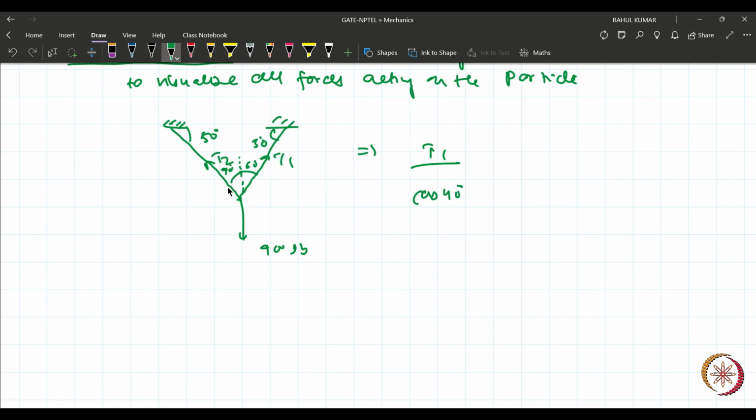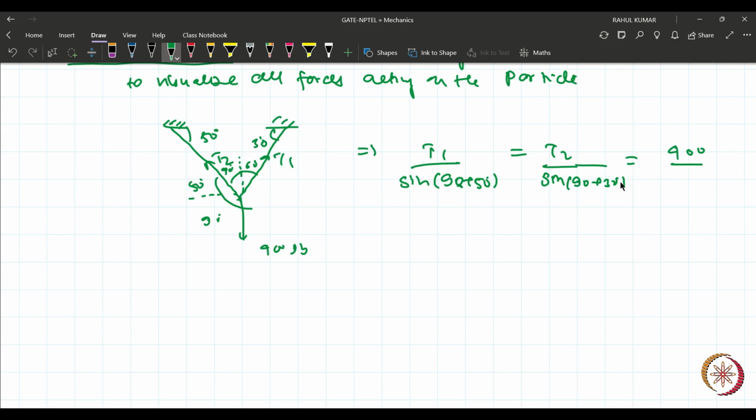T1 divided by, this is 40, then it is 50 plus 40, that is 90. So T1 divided by sine of 90 plus 50 degree equals T2 divided by sine of 90 plus 30 degree equals 400 divided by sine 100. By this way you can determine T1 and T2.